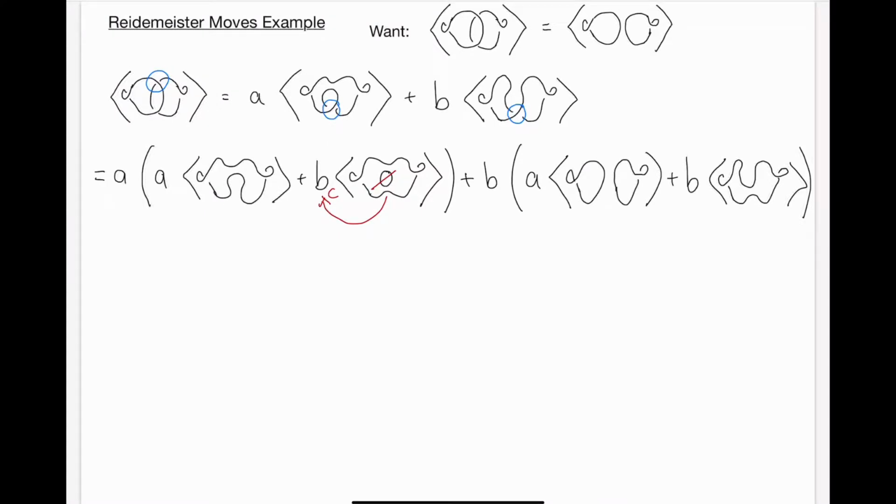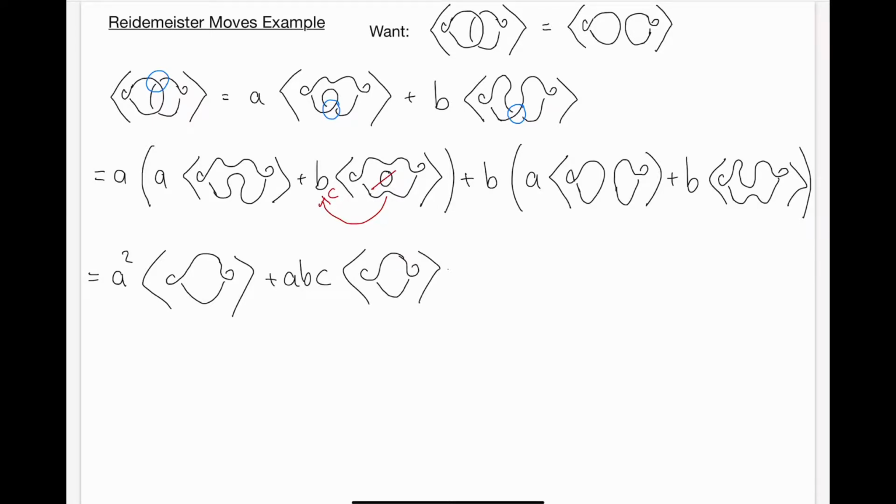So the first term we get here is A squared times the bracket polynomial of this unknot with a twist on each side. Then secondly, we have A times BC times, what is left here is also the unknot with a twist on each side since we moved out this inner unknot. So we get ABC times the bracket polynomial of this same knot.